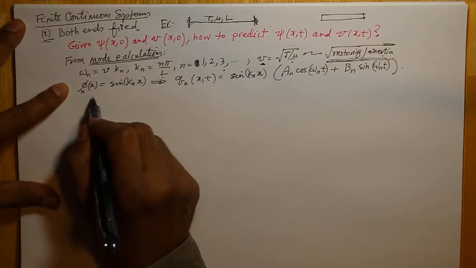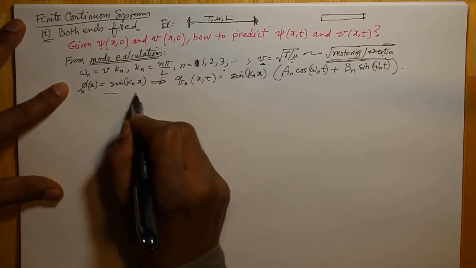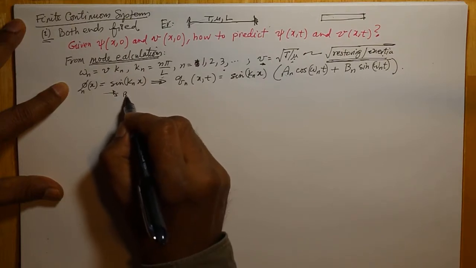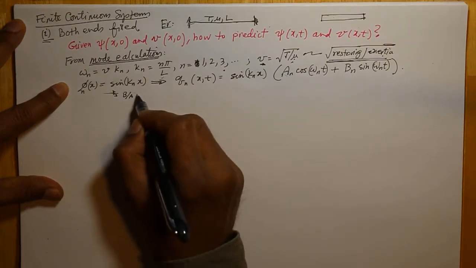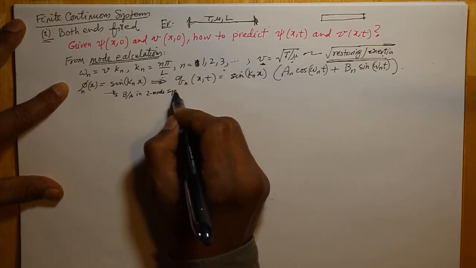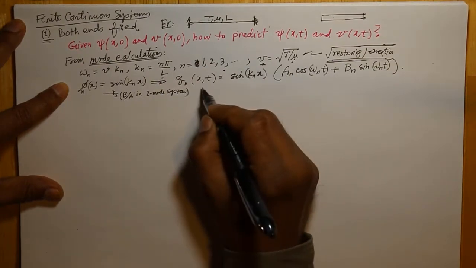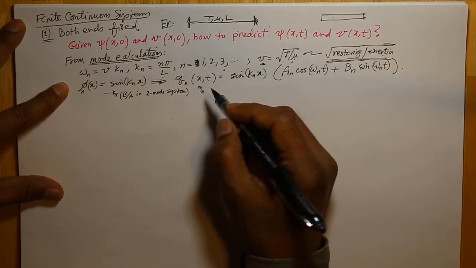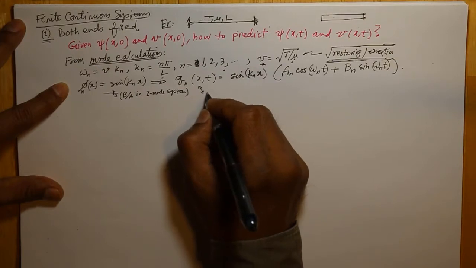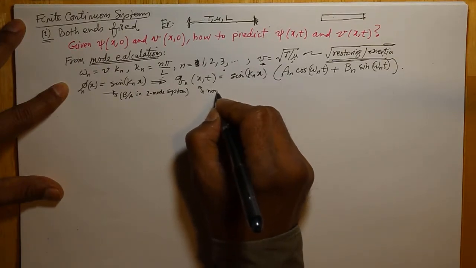And these are the normal mode shapes. So these are the analog of B over A in the two mode system. And so these will be the analog. I introduced this here because I feel you should know that this is the same thing in normal coordinates.